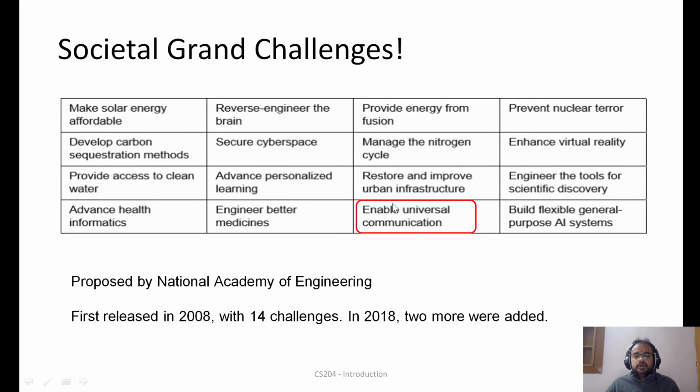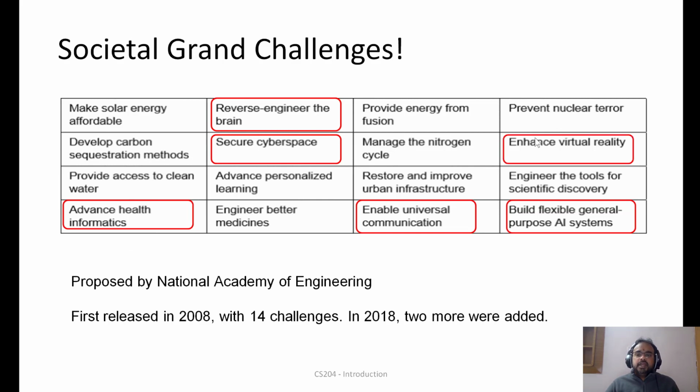So, Internet for all. Here we have enabled universal communication. Then I already touched upon AI systems. We have another societal challenge, which is reverse engineer the brain, basically the neuromorphic computing aspects, one part of it at least. Then secure cyberspace. Then we have advanced health informatics like the genome analysis, etc. Then we have enhanced virtual reality.